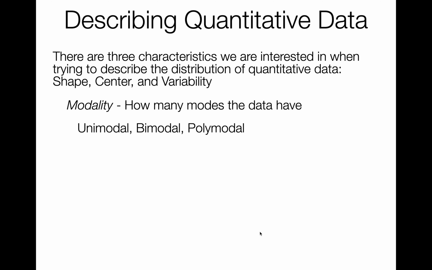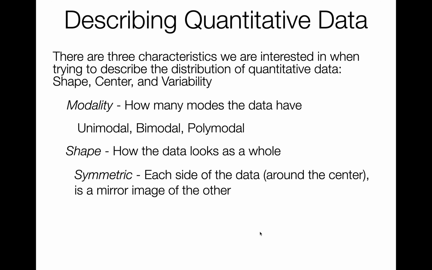So we could talk about the mode: how many modes does the data have? And then specifically in the shape, I can look at how the data looks as a whole. One thing I'm interested in, in the overall shape, is: is it symmetric?